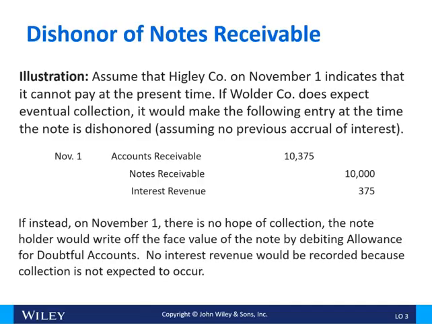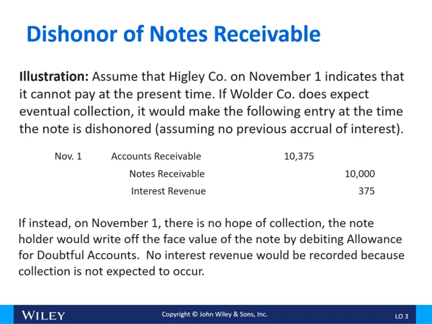If instead there's no hope of collection, the note holder would write off the face value of the note by debiting allowance for doubtful accounts and crediting notes receivable for $10,000, but we would record no interest revenue because we don't expect to collect that interest.